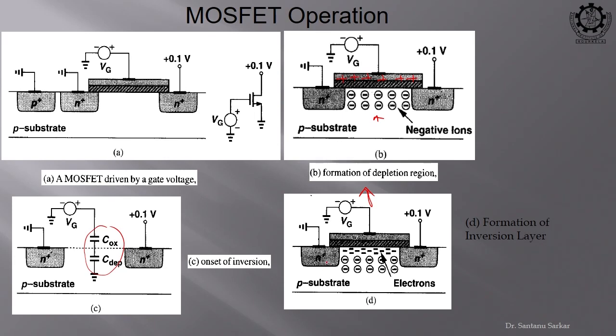To balance that, in spite of the space charge region with negative immovable ions, we also need additional electrons, clear, because the voltage is now so high. So, it is pulling all these electrons, and a channel is formed. Now, if we apply a positive voltage at the drain region, this positive field will attract all these electrons, and there will be a constant flow of current.